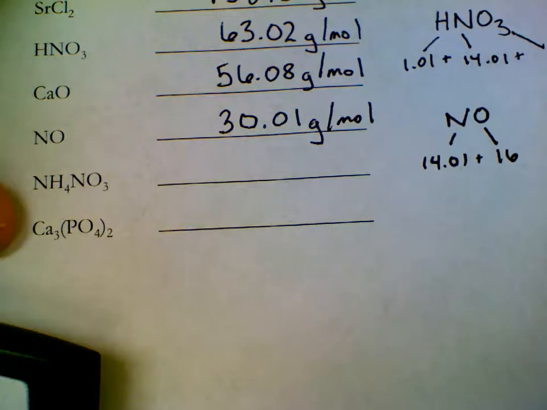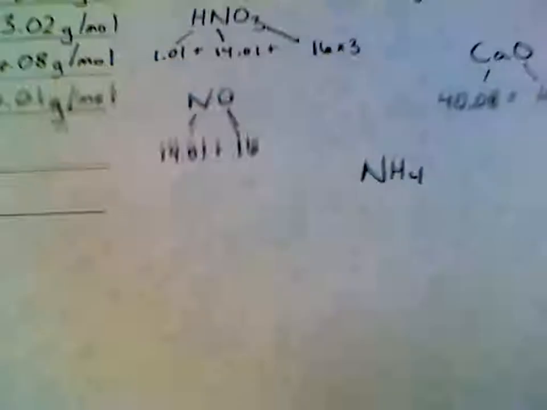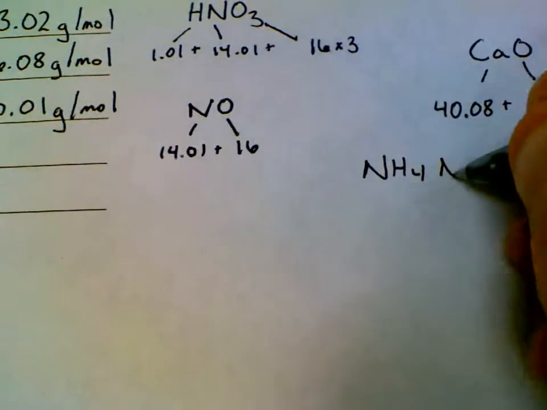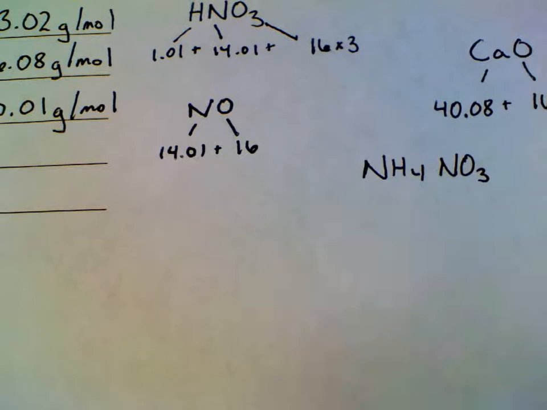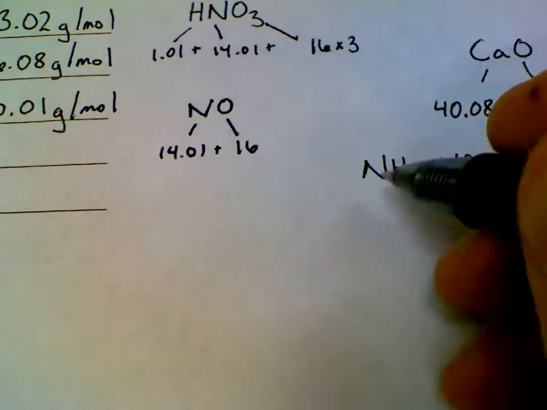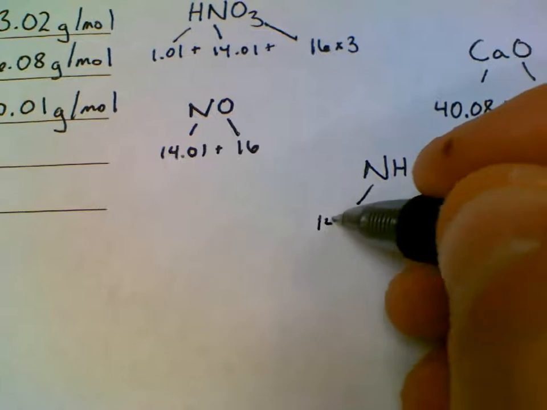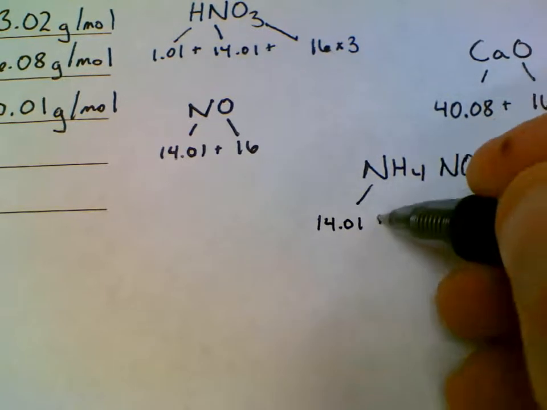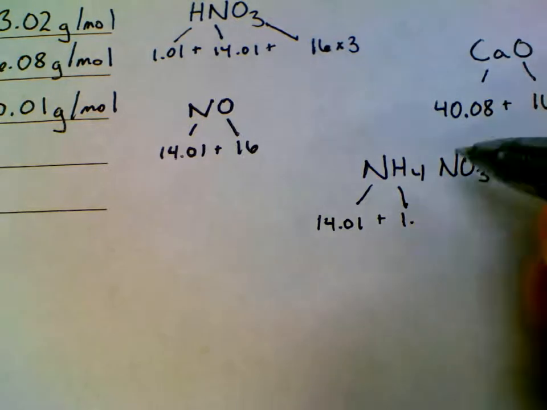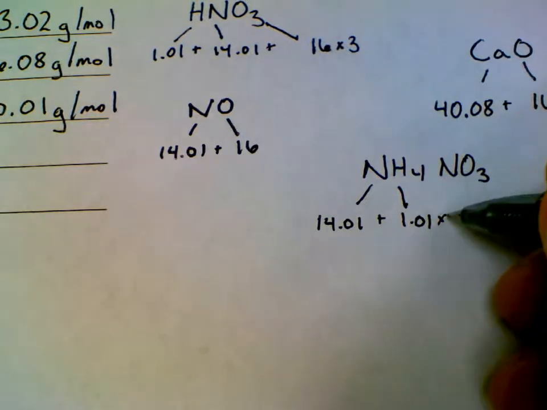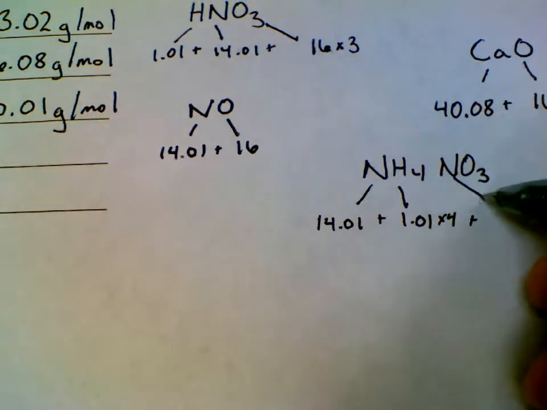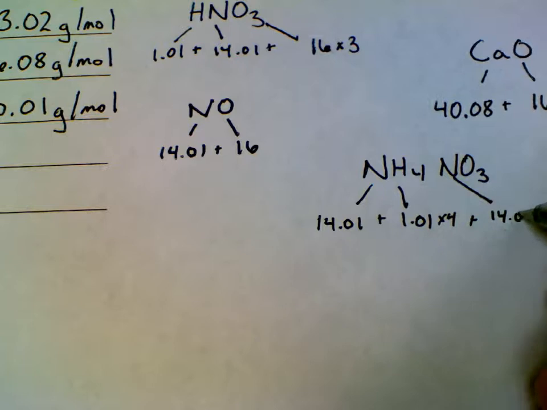Ammonium nitrate, NH4NO3. You can solve this in a couple of different ways. You could put the two nitrogens together, you could just run them separately. So 14.01 plus 1.01 times 4 plus 14.01 plus 16 times 3.